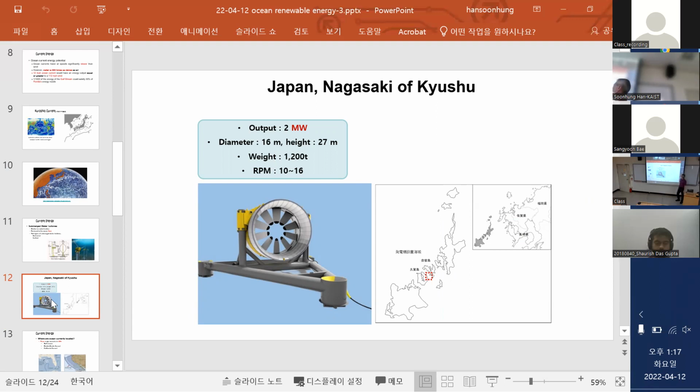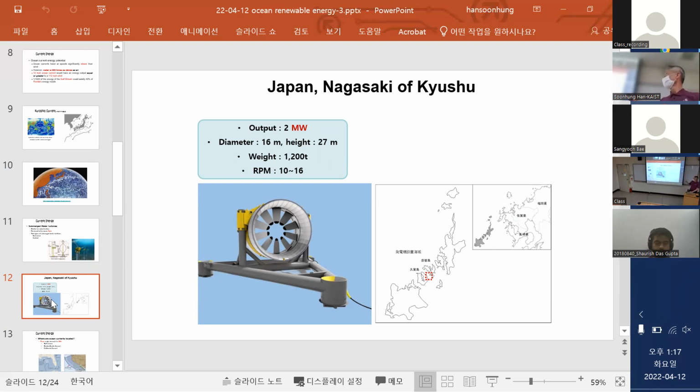They put this turbine, diameter 60 meters, much smaller than a wind turbine. A wind turbine is 150 something. But it is a 2 megawatt turbine. For the wind, it should be about 100 diameter.